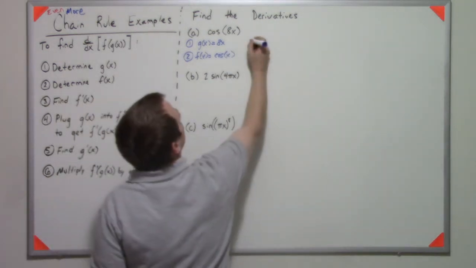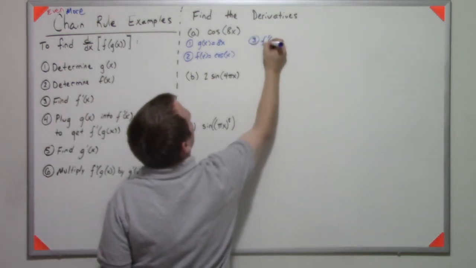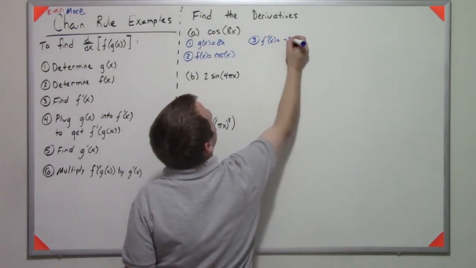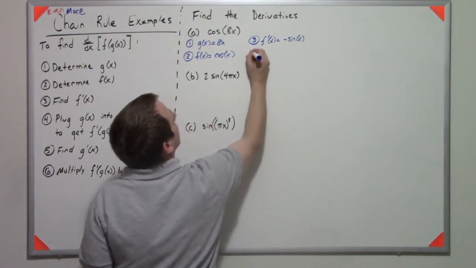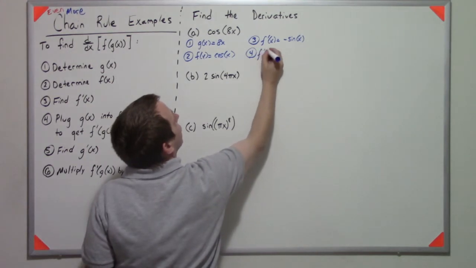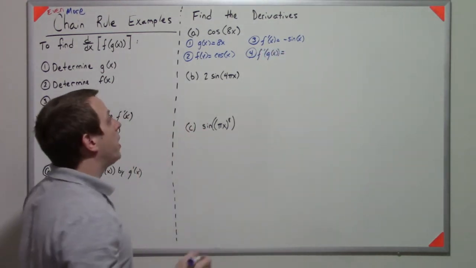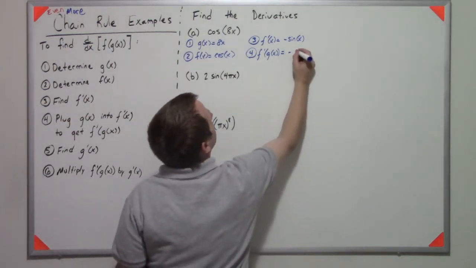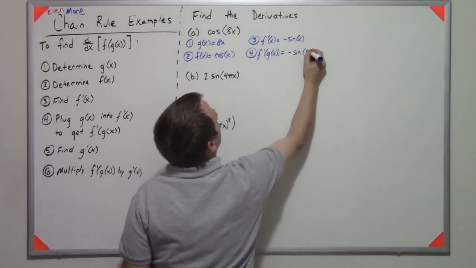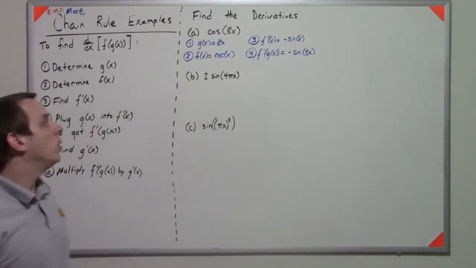Now I need to find f prime, and that's negative sine of x. And I need to find f prime at g, so that's negative sine of 8x. Okay?